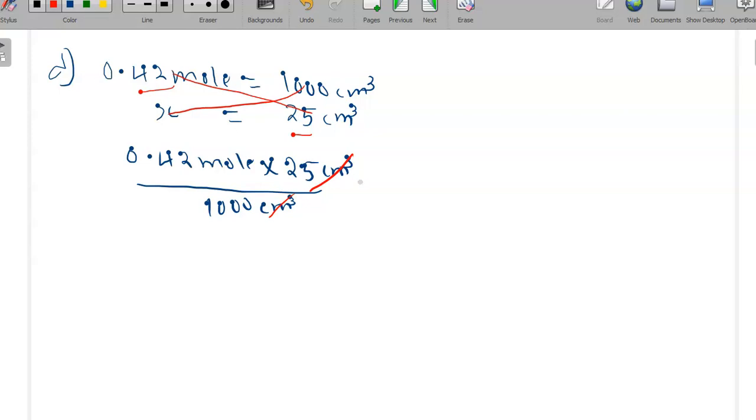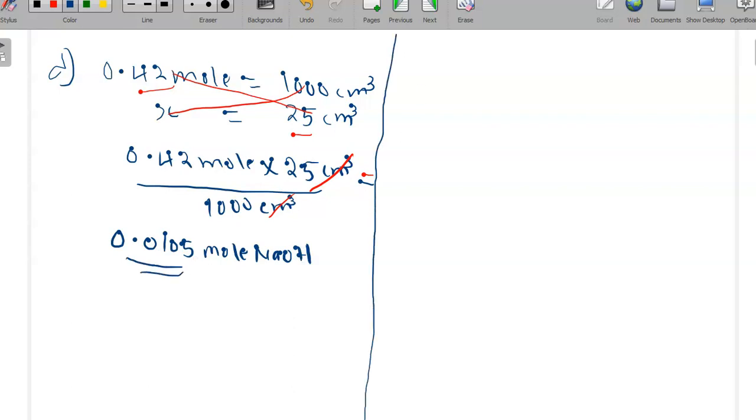The number of moles will be 0.0105 moles of sodium hydroxide. This is the number of moles of sodium hydroxide used.